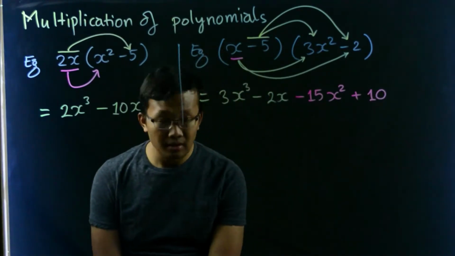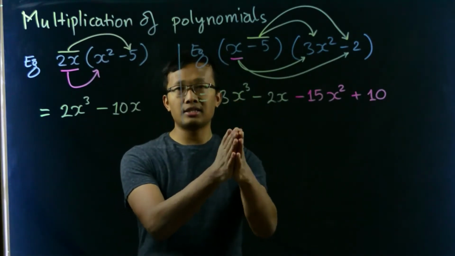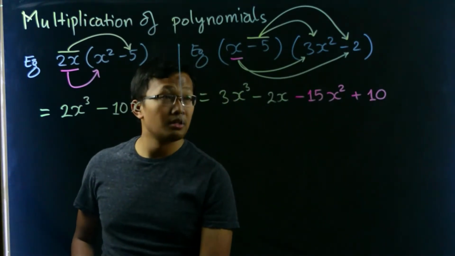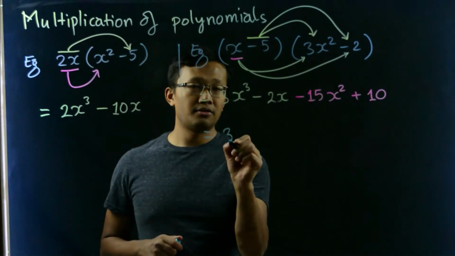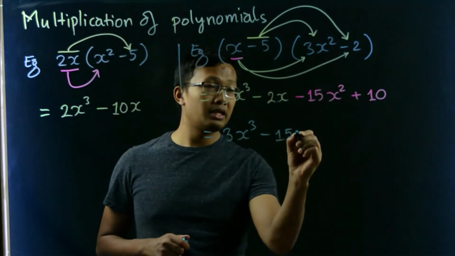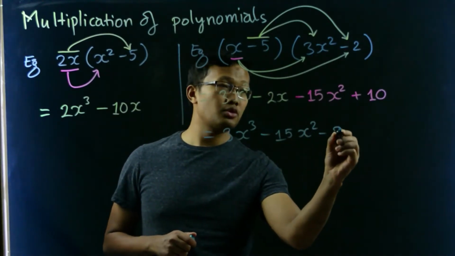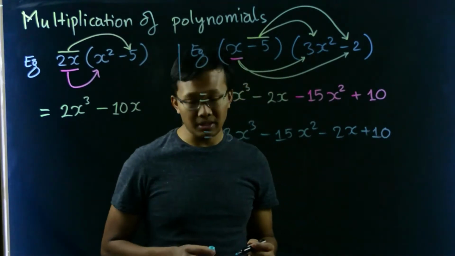Okay, I hope you got the idea. Then let us arrange this in descending order. So that will be 3x cubed minus 15x squared minus 2x plus 10. That's our complete multiplication.